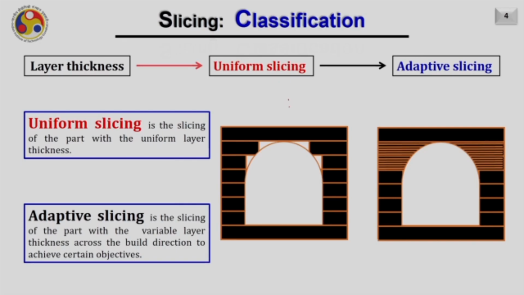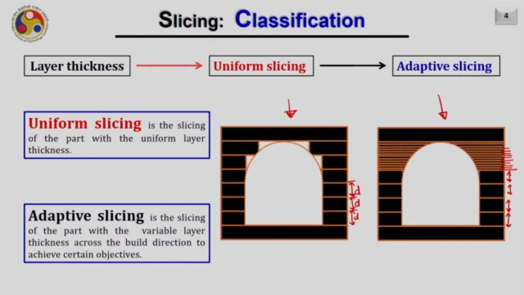As you can see in these examples, this particular case shows uniform slicing. Here the thickness of each and every slice is the same. If it is D here, it is the same everywhere. While in the case of adaptive slicing, you can see the thickness is varying. Here it is the same, but if required, the layer thickness is reduced here.